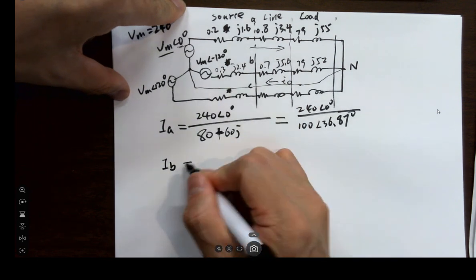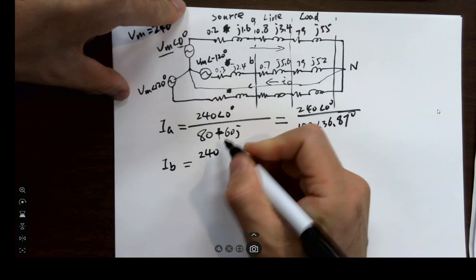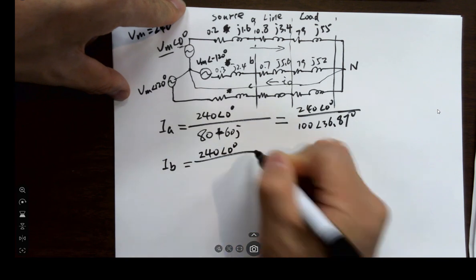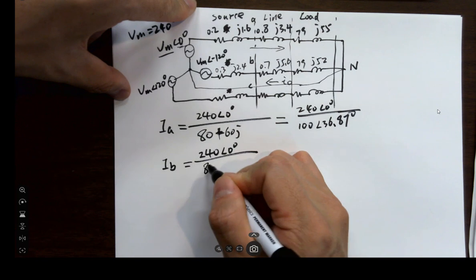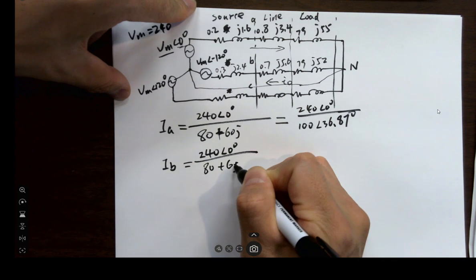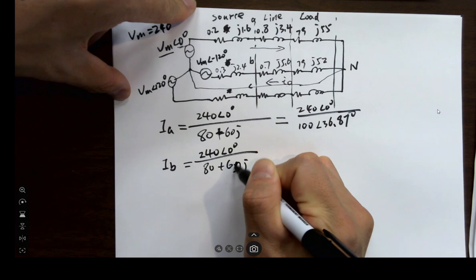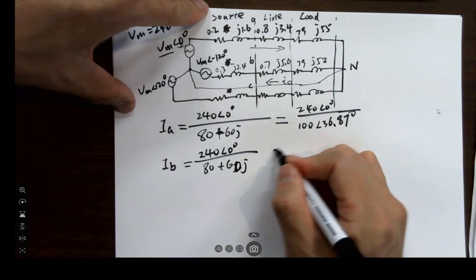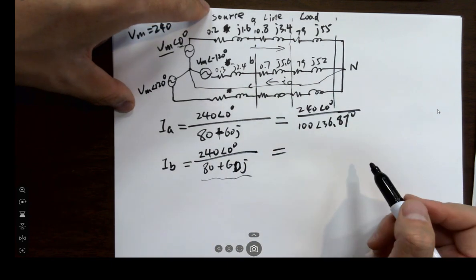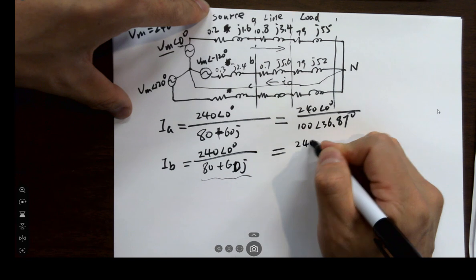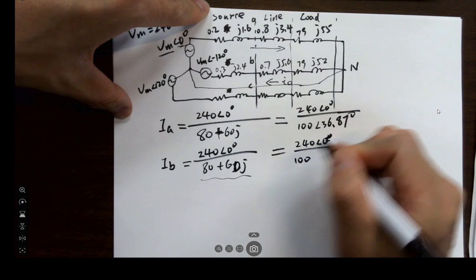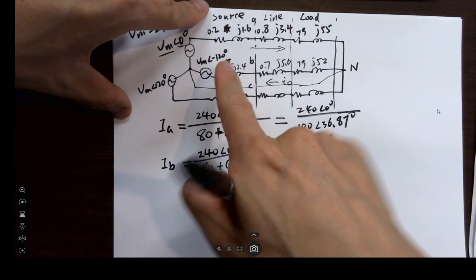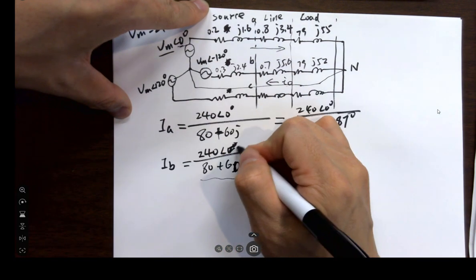IB is 240 volts, 0 degrees over what? If you add them together, you can find out it's the same impedance, 60J. So we already know what this is, right? So we can directly calculate it. Oh, sorry. This guy is negative 120 degrees.